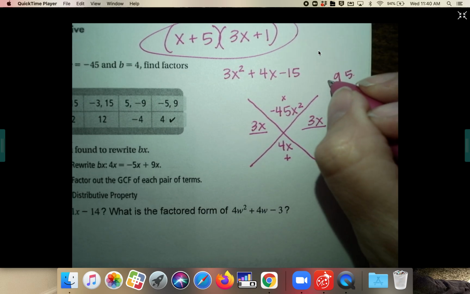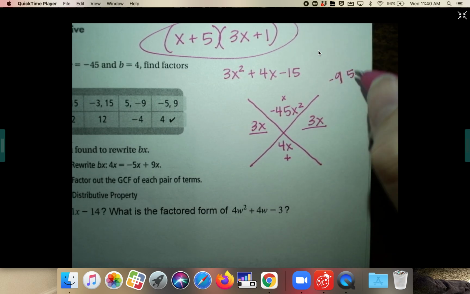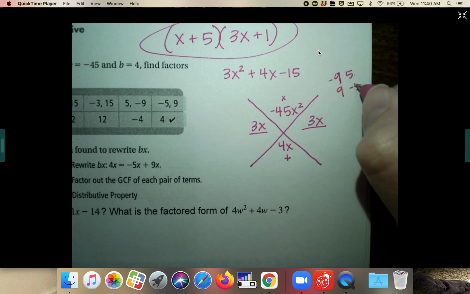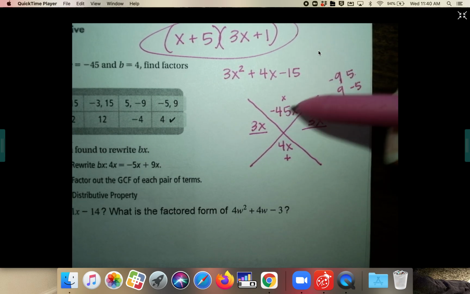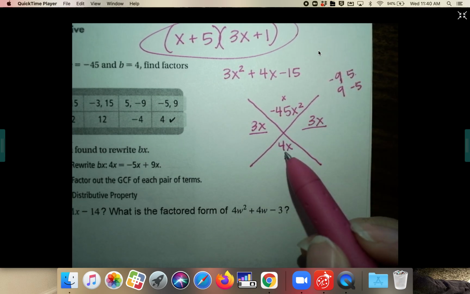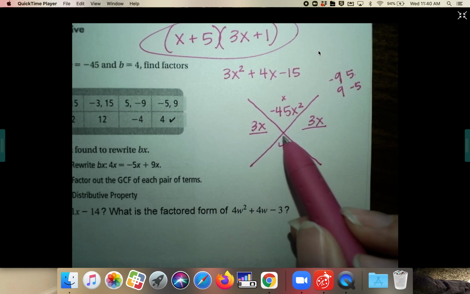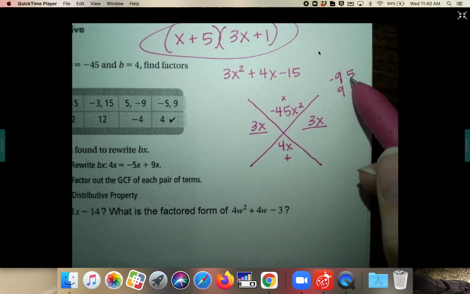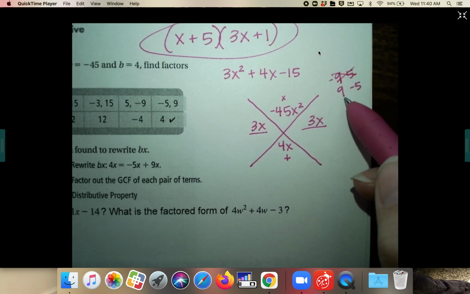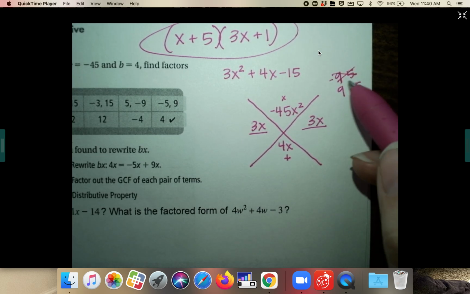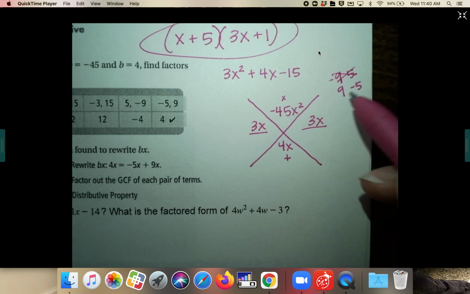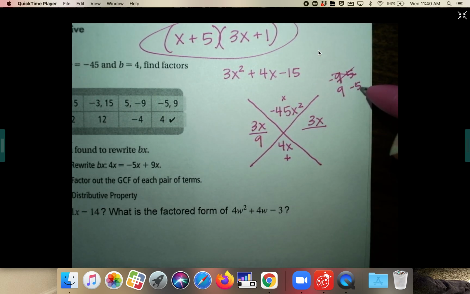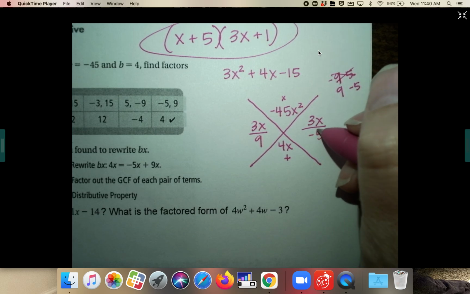Is it negative 9 and 5, or 9 and negative 5? Both multiply to be negative 45, but which of them add to be positive 4? That would be negative 4 if you add them, so not that. This would be positive 4, so it's going to be this. So I need a positive 9 on one side, and I need a negative 5 on the other side.